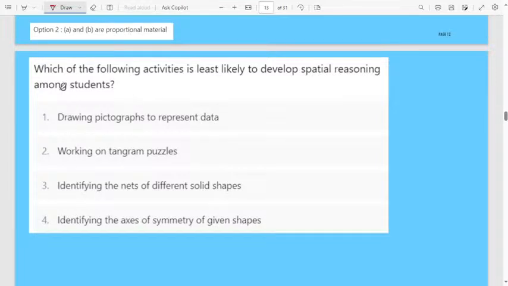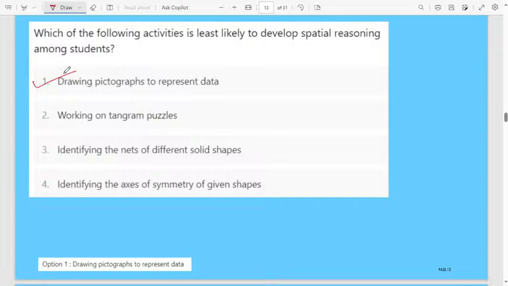Next, which of the following activities is least likely to develop spatial reasoning among students? First one, drawing pictograph to represent the data. Second one, working on tangram puzzles. Third option, identifying the nets of different solid shapes. Fourth, identifying the axis of symmetry of given shapes.